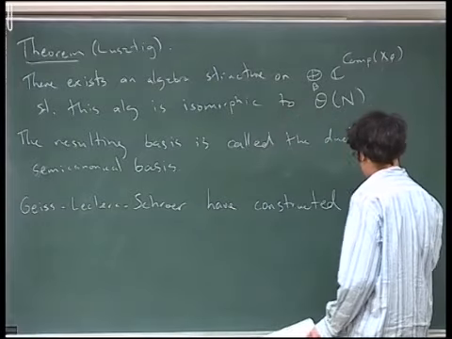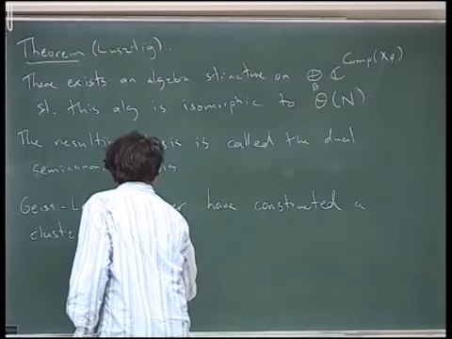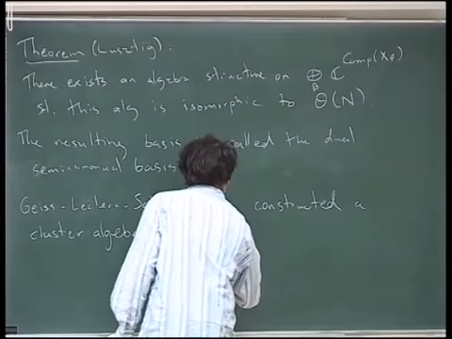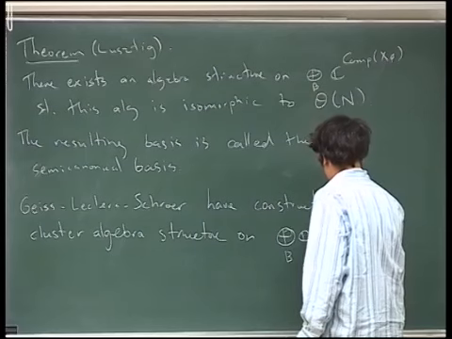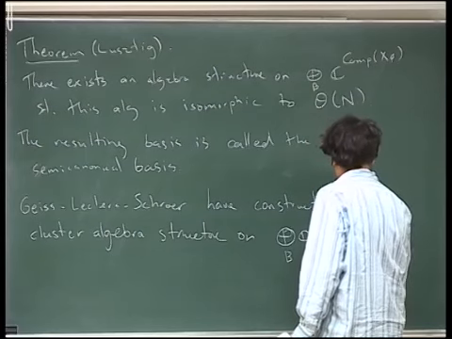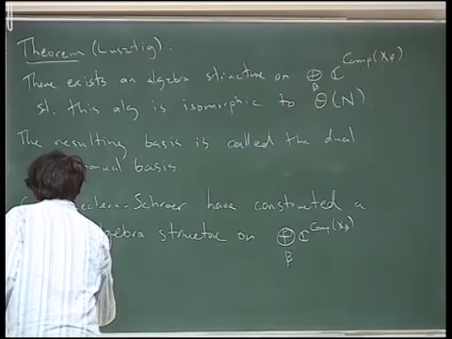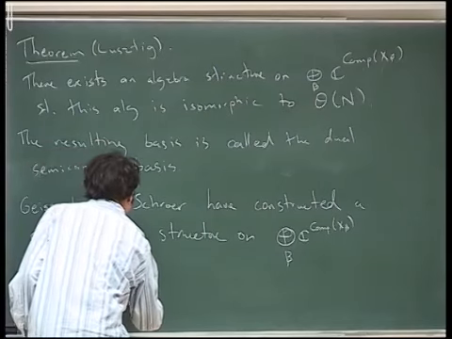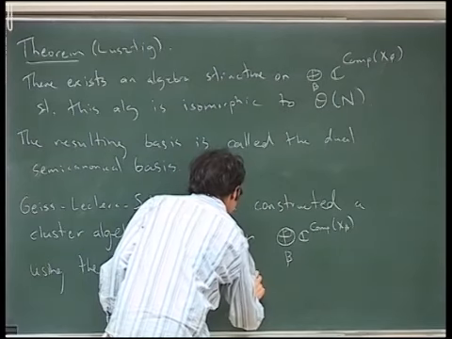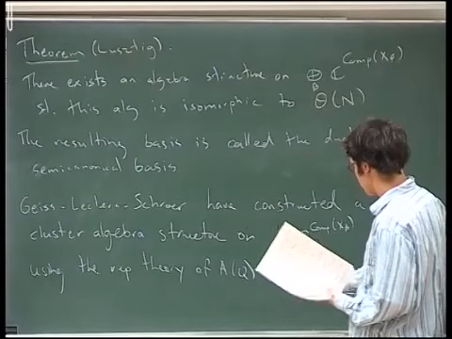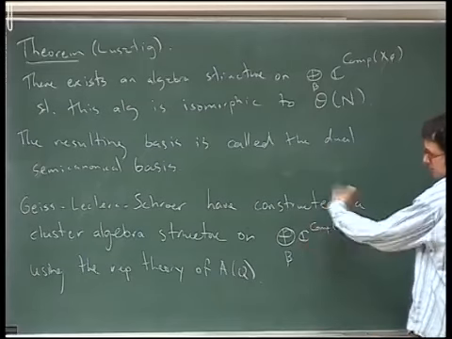So they've constructed a cluster algebra structure on this, using the representation theory of this pre-projective algebra. And under this cluster algebra structure, the cluster monomials form a subset of this set of all components.